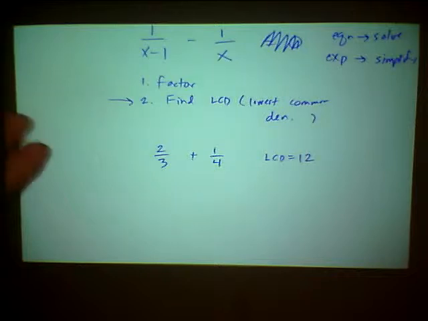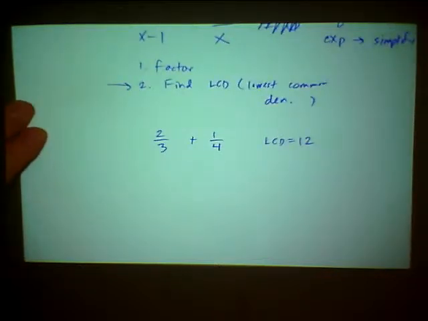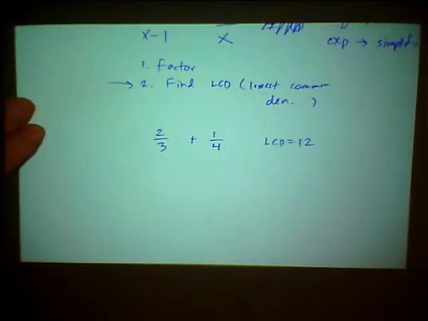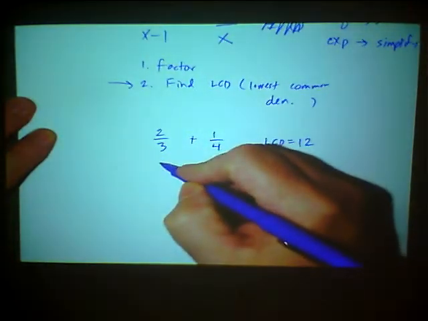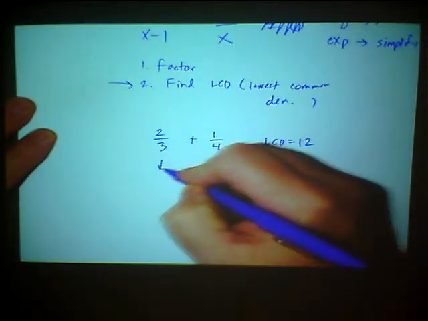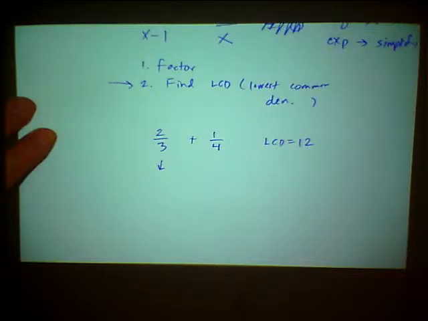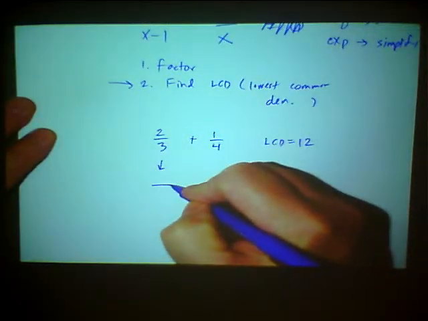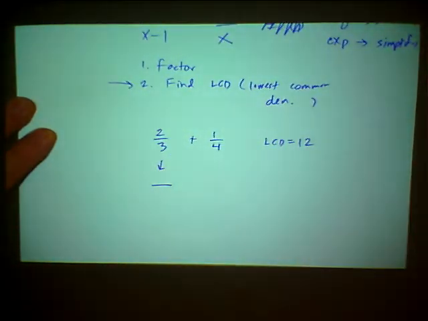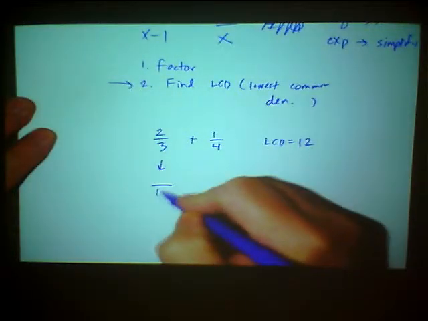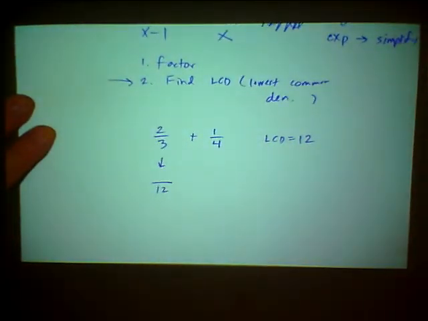Now let me just show you how you did this problem way back when. And you may not even realize you did this, because now you do it instinctively. What we're going to do now is take that first fraction, and change it from having a denominator of 3 to having a denominator of 12.